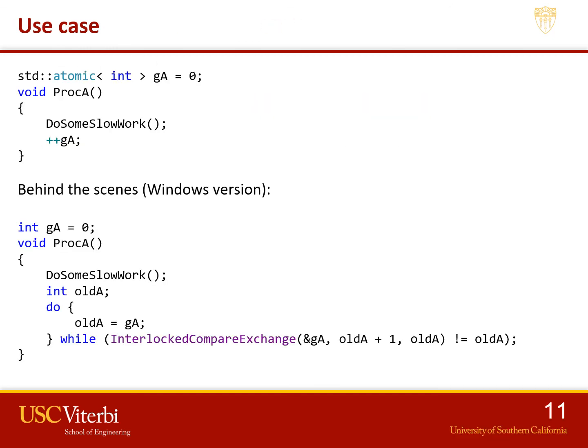So let's see what that would look like in action. Here's that same proc A where I have that same shared resource, and now I've declared the shared resource not as a volatile int, but as an atomic int. And because of that, I don't need to add any protection to it.